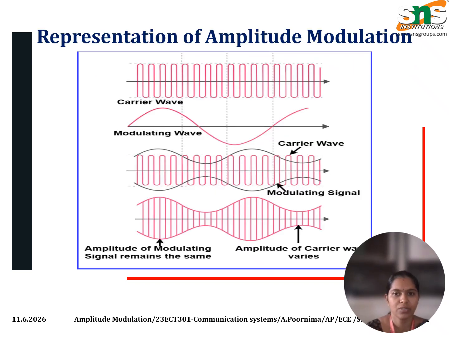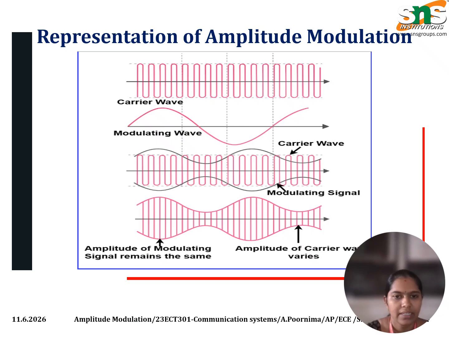We'll see the representation of amplitude modulated graphs. The first signal shows a carrier wave. Since it has high frequency, we can consider this as our carrier wave. The next wave is a low frequency message signal called the modulating signal. And in this third graph, you can see the amplitude of the carrier wave is varied according to the amplitude portion of the modulating signal.